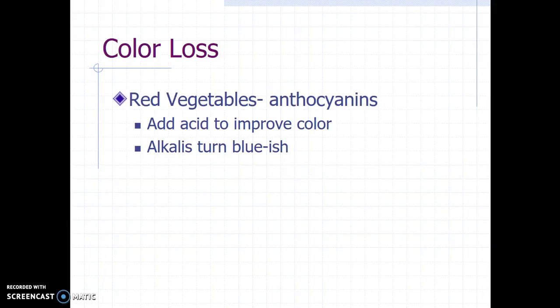So let's say you had red cabbage and for some reason, it came into contact with something like baking soda water, okay? That would turn it more of a bluish color. Whereas if you were pickling shallots and you used a vinegar with the red color or even red onions, they would turn a very bright red. So acids improve color, alkalis turn it bluish.